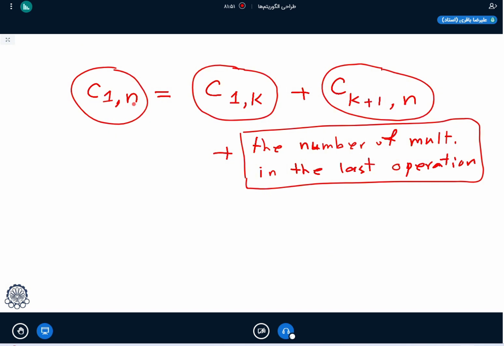The total number of multiplications is equal to the number of multiplications of the left side plus the number of multiplications of the right side plus the number of multiplications in the last operation. This is for subproblem 1. This is for subproblem 2.